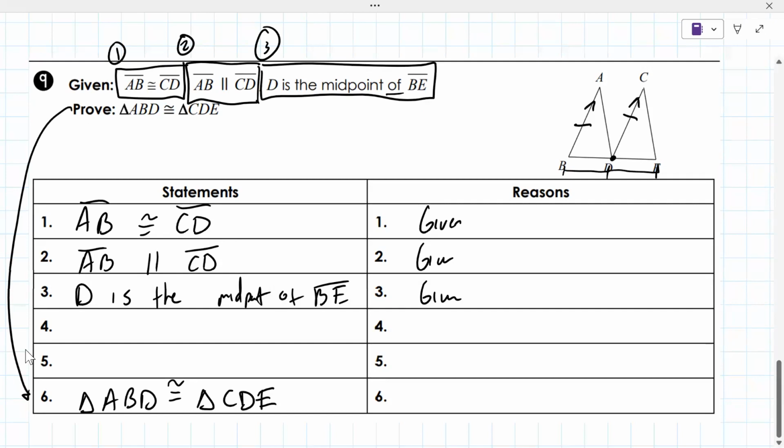But it's the midpoint, so it's connected. It means they're congruent. Are they congruent? Yes. So BD is congruent to ED. Now we've got to say why though.